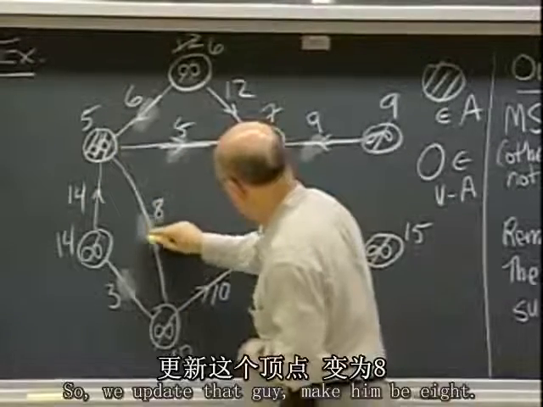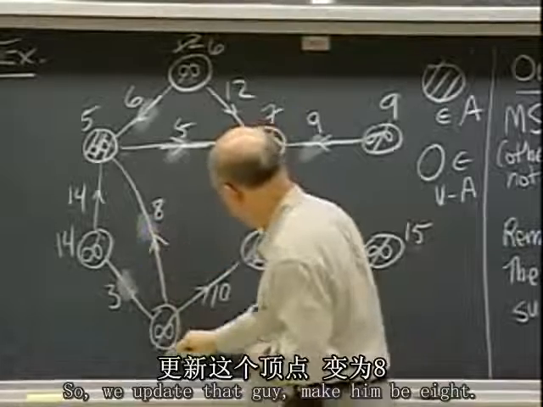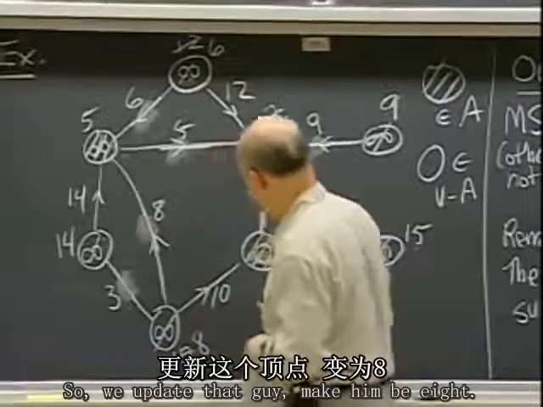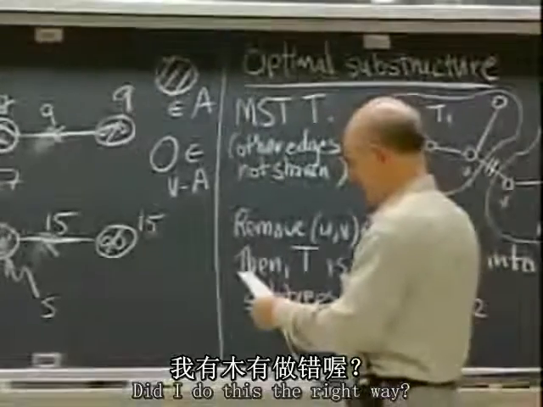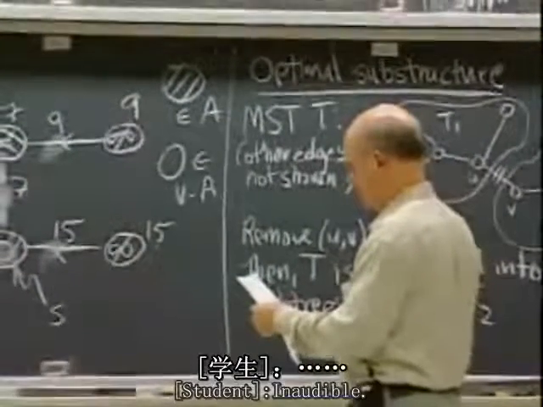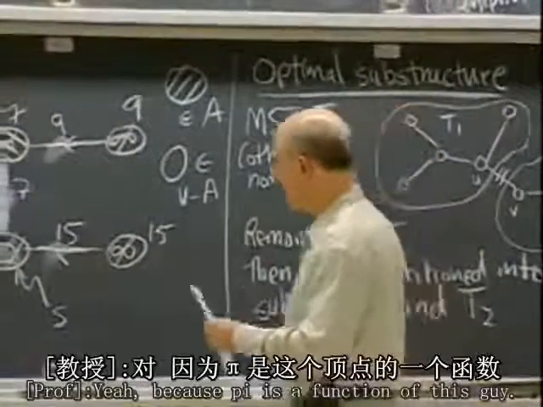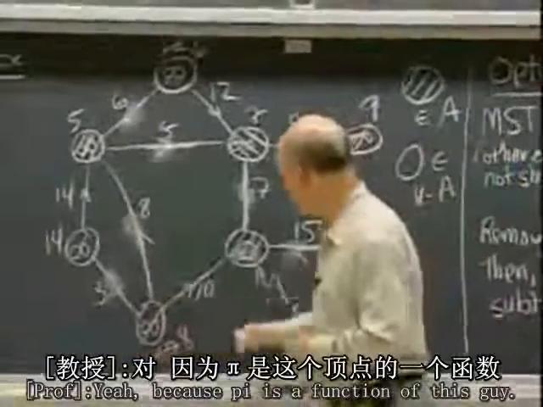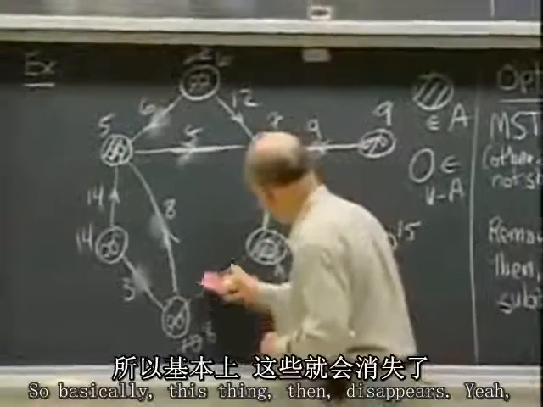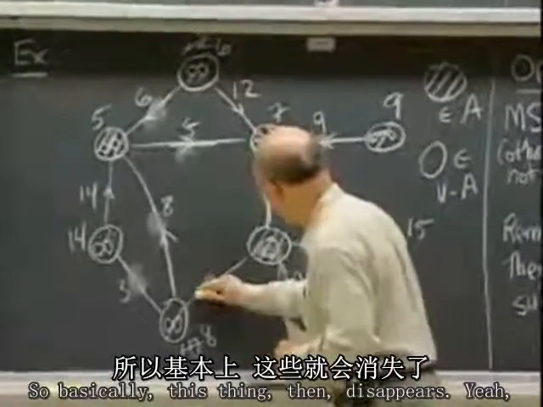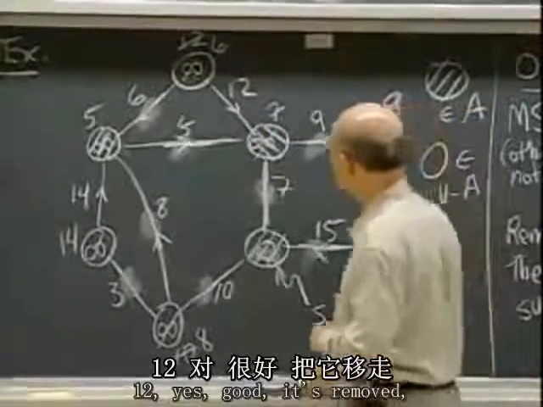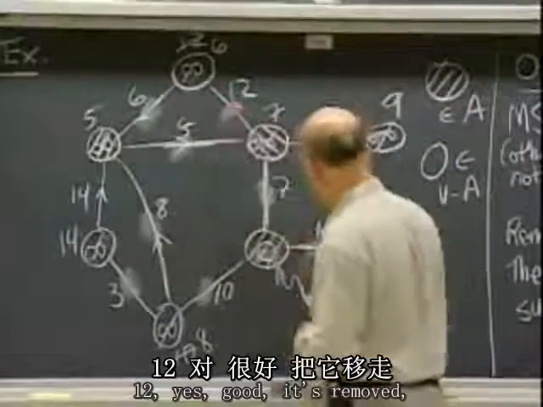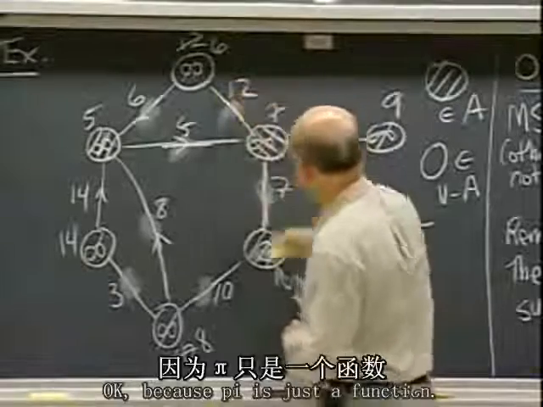So we update that guy, make him be 8. Did I do this the right way? Yeah, because pi is a function from this guy. So basically this thing then disappears. Did I have another one that I missed? 12. 12, yes. Good. Gets removed. Because pi is just a function.